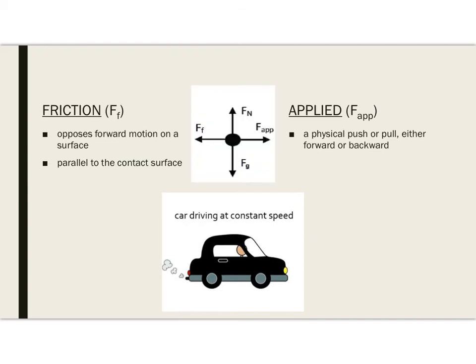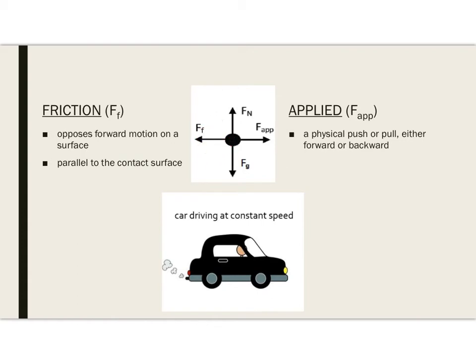So a free body diagram for a car driving at a constant speed might look something like this, where again we have the gravity force pulling it to the ground, normal force keeping it on the ground instead of through the ground. We have our applied force, that's putting the gas pedal to move it forward, and then we have our force of friction.